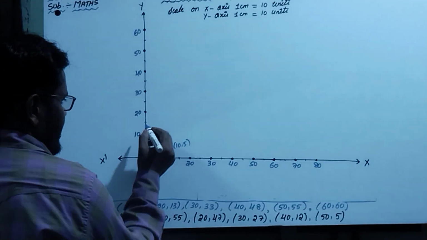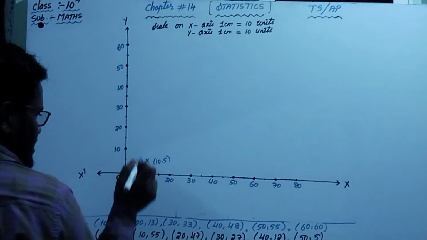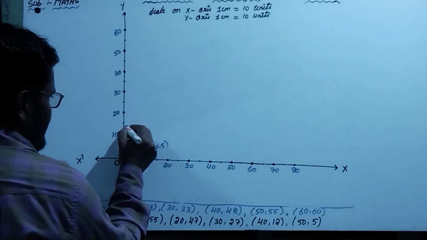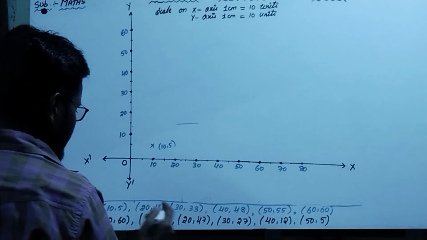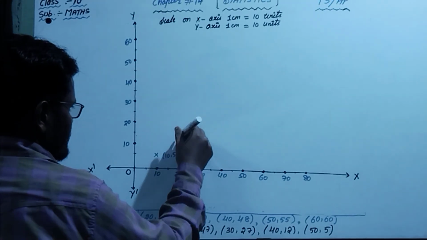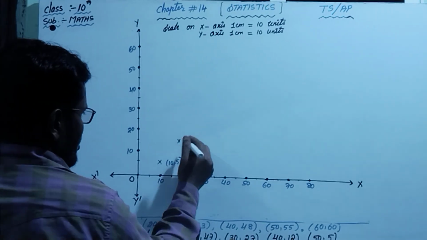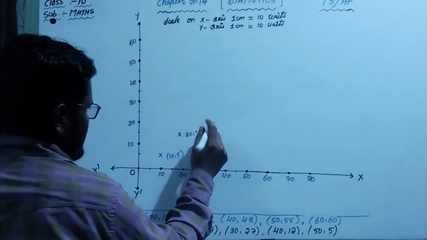Here 20 having 10, 15, okay, 13 I want: 11, 12, 13, 14. Here 13. And here 20. The intersecting point is here. 20, 13.